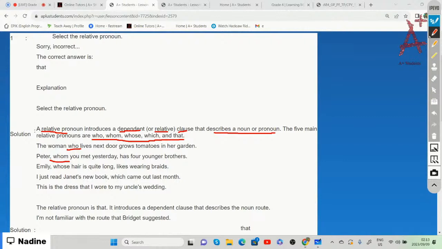And then we have Emily, whose hair is quite long, likes wearing braids. And I just read Janet's new book, which came out last month. And this is the dress that I wore to my uncle's wedding.